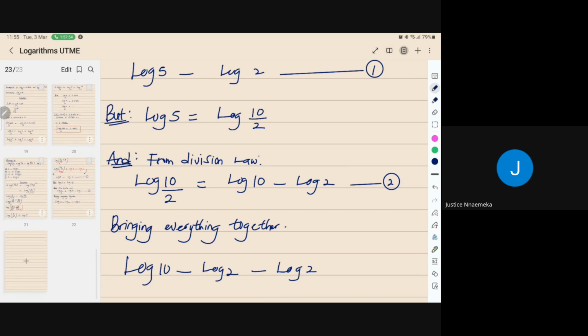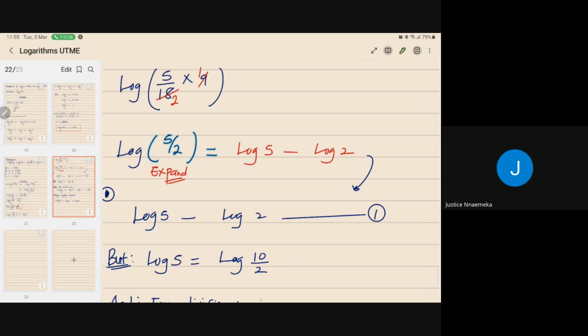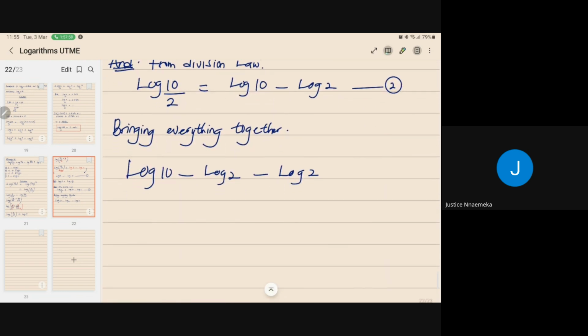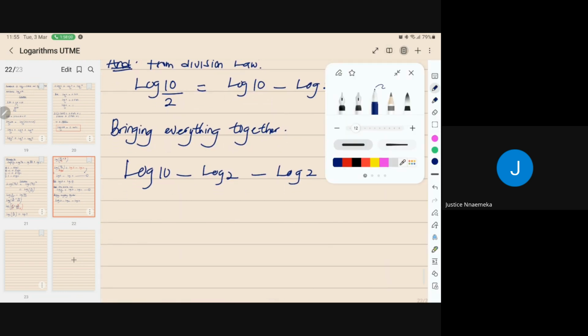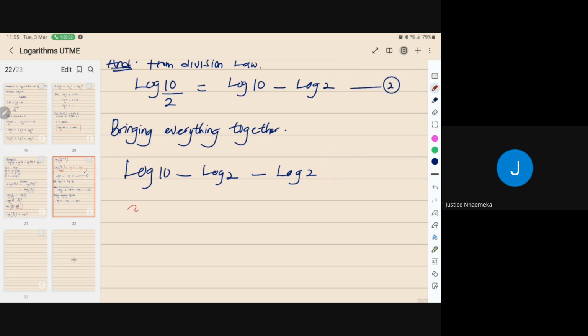I hope that makes more sense now. So minus log 2 minus log 2 will give me minus 2 log 2. So this will be log 10 minus 2 log 2, right? But remember that this is the same thing as saying log 10 base 10, because when the base is not given, it's in base 10, minus 2 log 2 base 10.